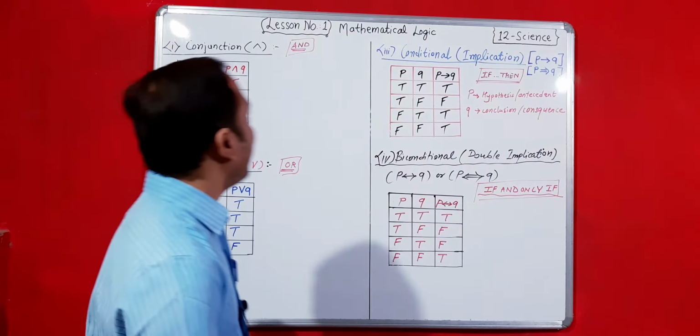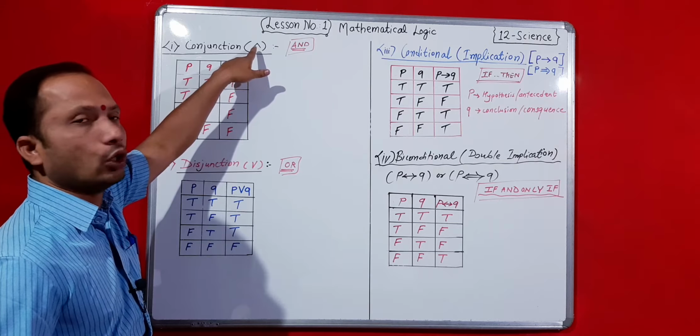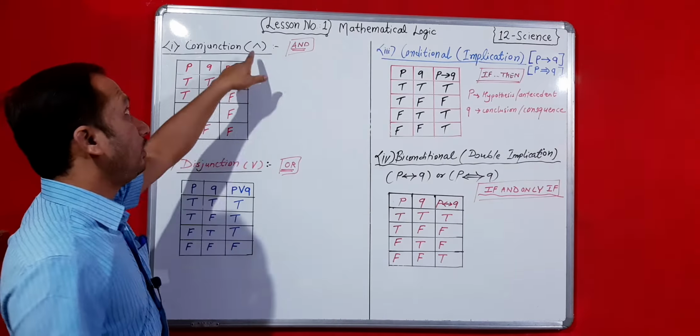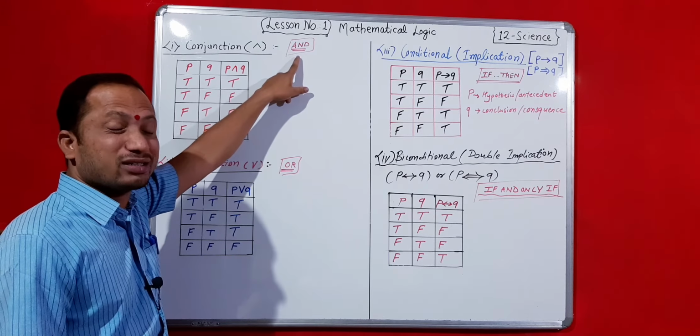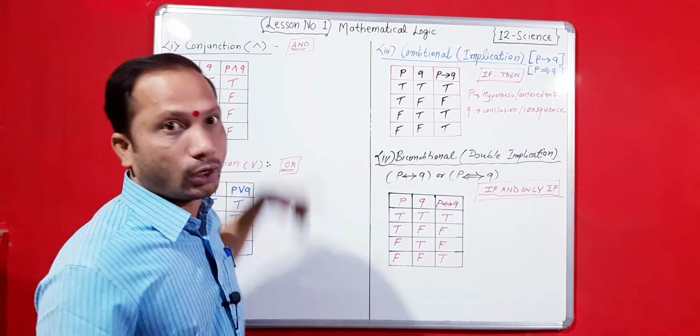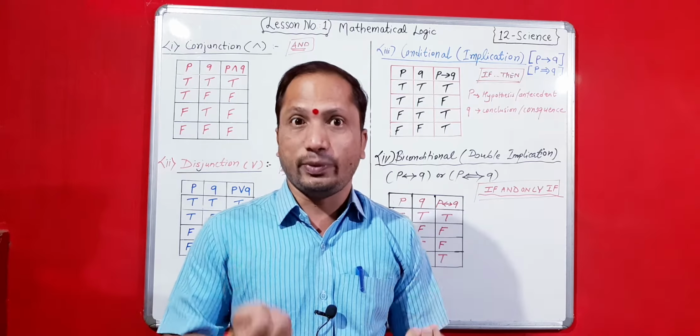Here I have written the conjunction. It is represented by this symbol, an inverted V, and its name is and. So we will learn about the truth table of a statement which is joined by and.